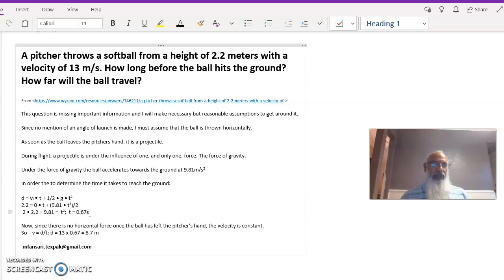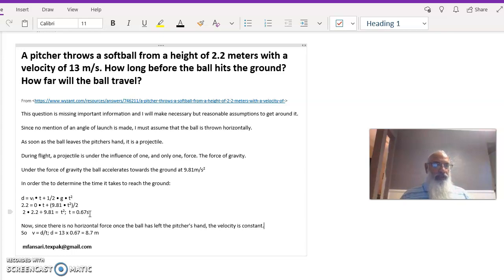We found out how much time it'll take for the ball to be in flight if it's describing a projectile starting at a height of 2.2 meters and going horizontal. Now, for the next part, we have to determine the distance traveled, which, like I said before, in projectile terminology, that horizontal distance is called range, R-A-N-G-E, range.